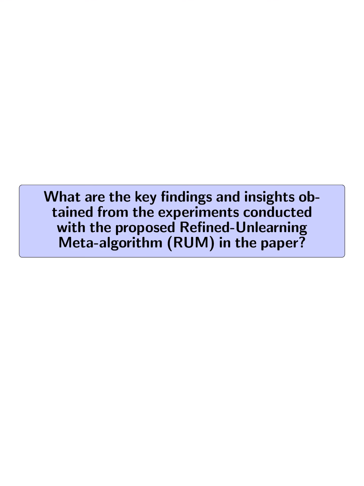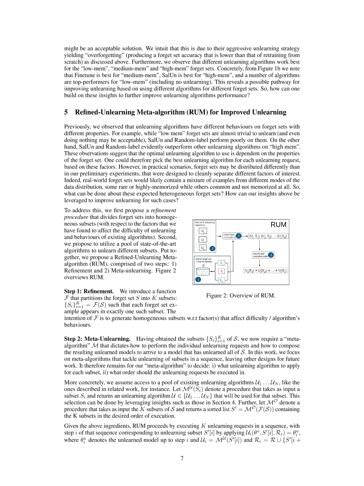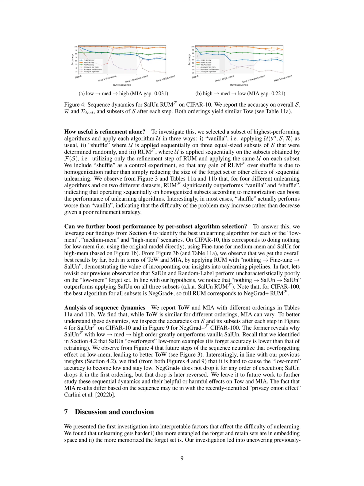What are the key findings and insights obtained from the experiments conducted with the proposed Refined-Unlearning Meta-algorithm, RUM, in the paper? The key findings are as follows. 1. Refinement alone.